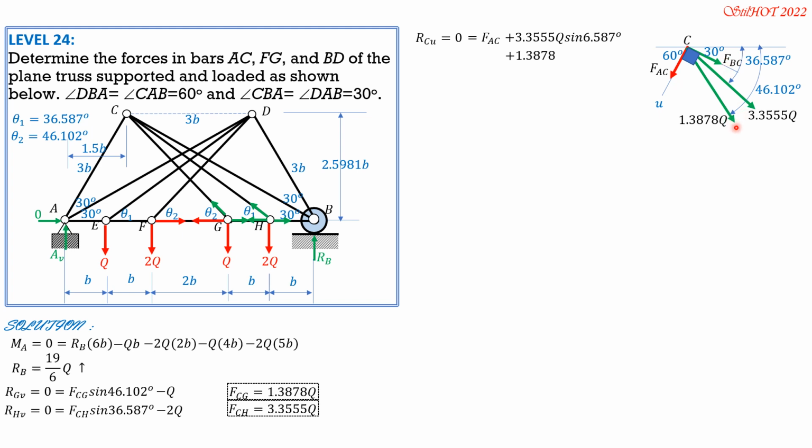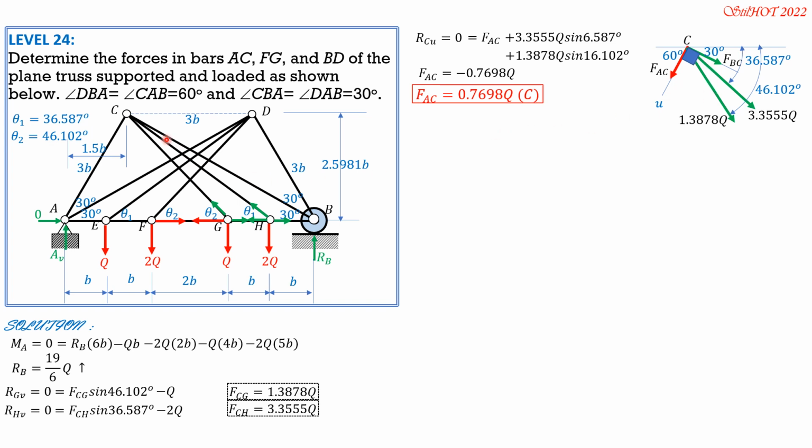Then the component plus 1.3878Q sine of 16.102, where 16.102 is 46.102 degrees minus 30. So from there, we can now solve FAC, which is negative 0.7698Q. And that's the answer. FAC is 0.7698Q compression.